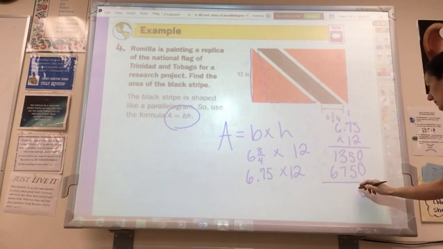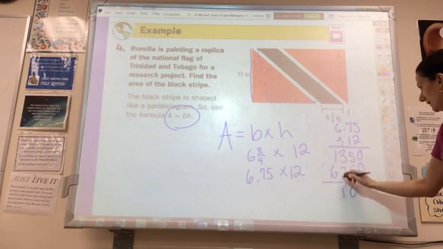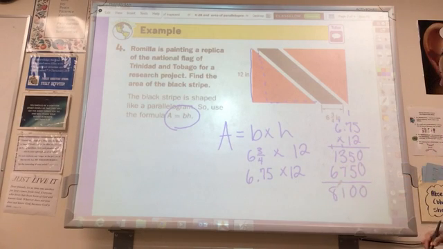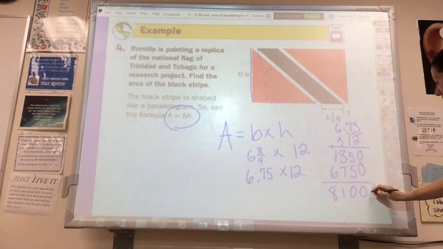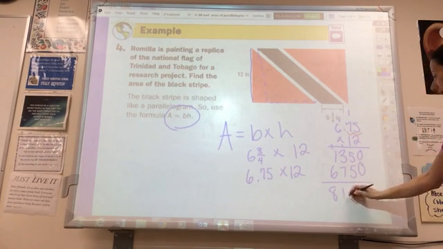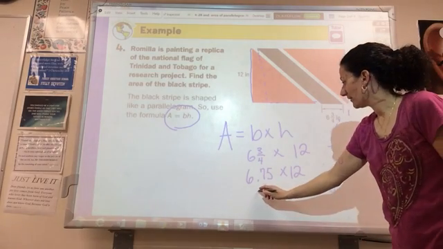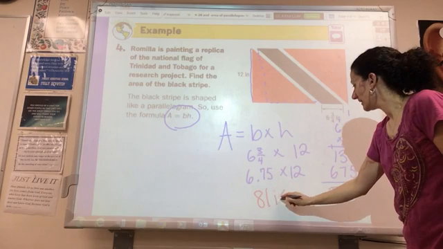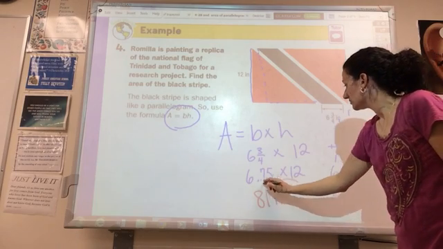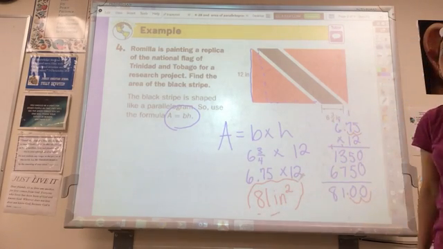I'm going to add them up, and I get 8,100? Nope. Need to place my decimal. That's better. So my area is 81, and we're talking about inches now. Inches squared. So that's it. That's how you find area of a parallelogram.